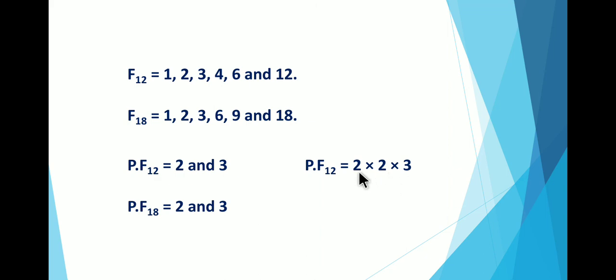Here we can see a prime factor 2 and another prime factor 2 get multiplied with a prime factor 3. So 2 times 2 times 3 gives us 12. Similarly, for the prime factors of 18, we can write 2 times 3 times 3, that is 2 into 3 into 3, which is equal to 18.